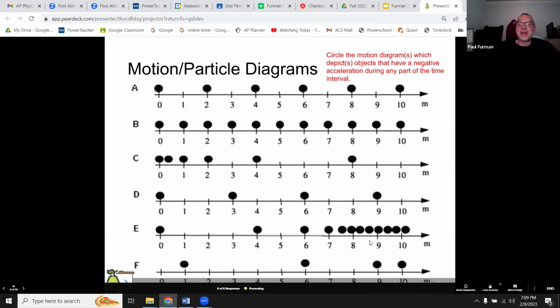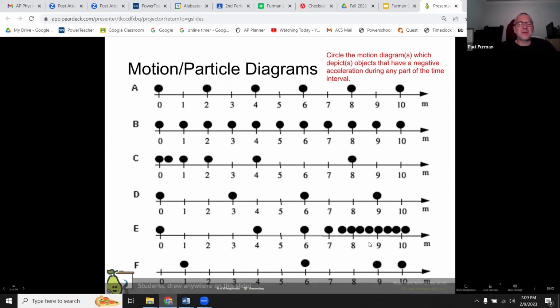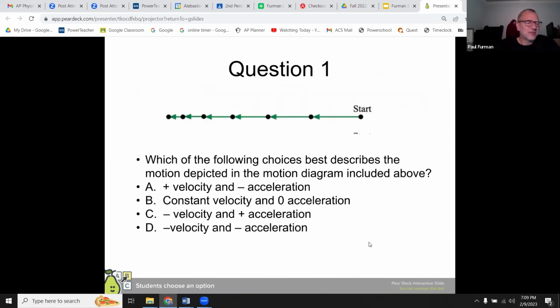So it's slowing down for every time interval. I don't want to spend too much more time on these. This is not something that I see commonly on the AP exam. It's just not an overly common technique for representing motion. More likely, you're going to get a velocity time graph, a position time graph, or something of that sort.